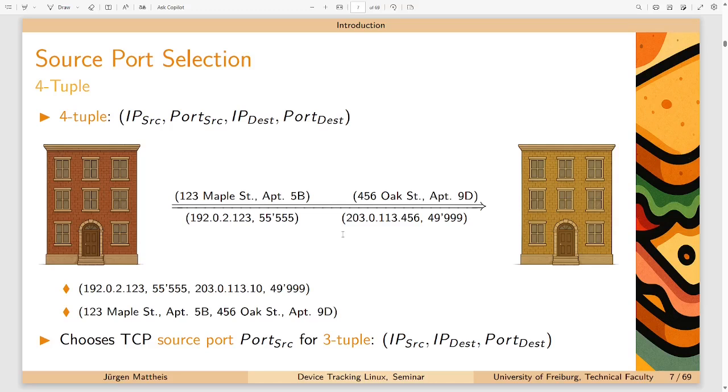You can see it as an analogy: if you want to identify where someone lives, you not only need to identify a connection between the two buildings, you would, for example, not only need the street number, but also the apartment number to identify where exactly someone lives. And source port selection has the task to complete a 3-tuple into a 4-tuple by calculating the source port.